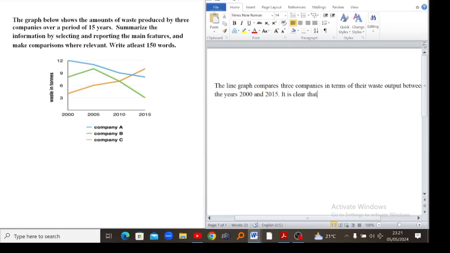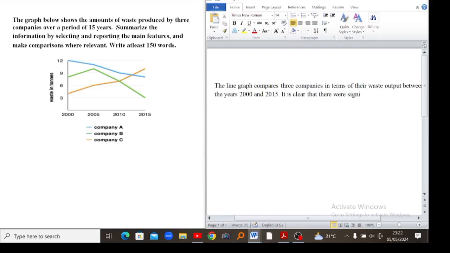Before I write the overview, the overview will literally give you your whole stance of the graphs. Are most of them going down? Are most of them going up? Was there a contrast between these 2 companies, which I'm going to write here? It is clear that there were. Remember, use the past tense. Right now we are in 2024, so 2015 is way back.